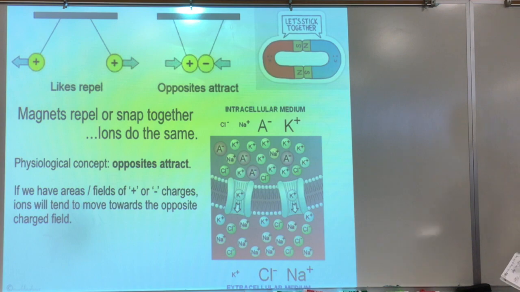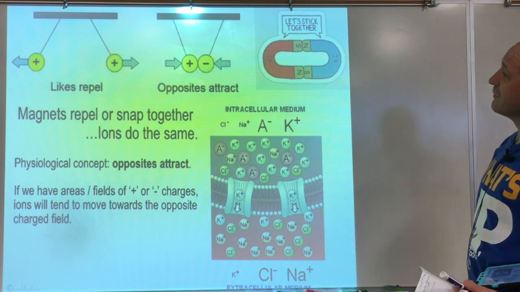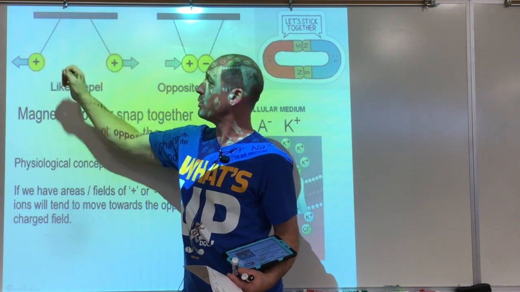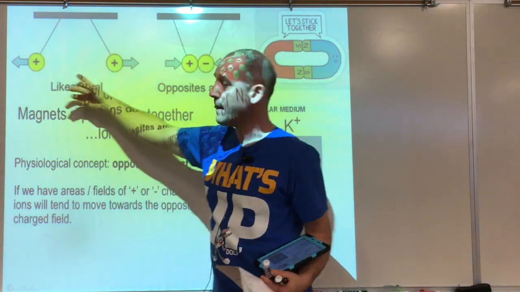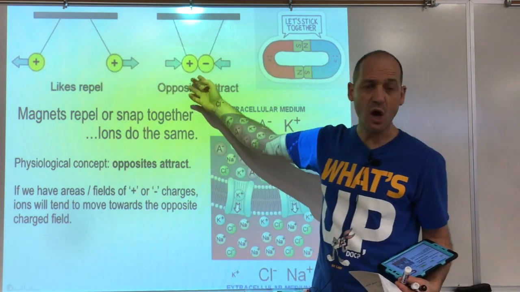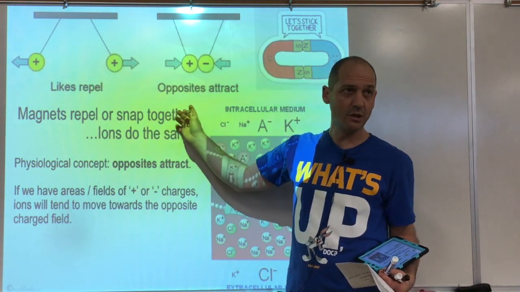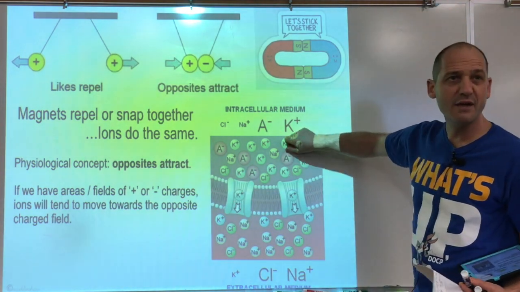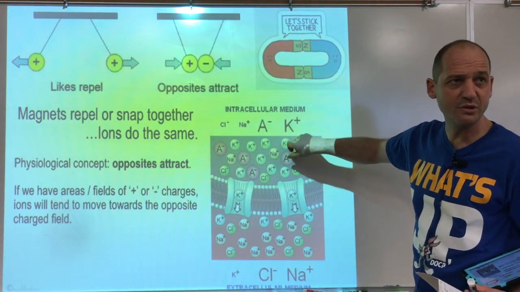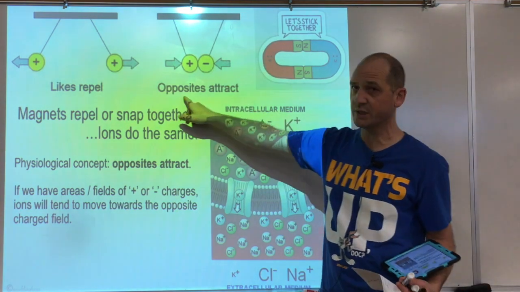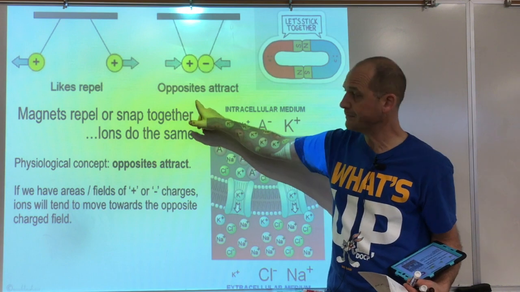When we look at charges, we're going to look at magnetism a little. Positives push away from each other, and negatives also, but a negative and a positive, the opposite, attract each other. Like when you put a magnet on the fridge, if it doesn't stick, you flip it around, and then it sticks. You've got the opposite, and the other way it repels.